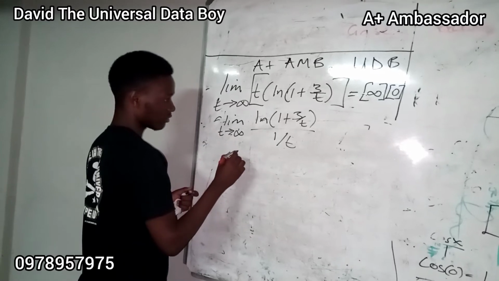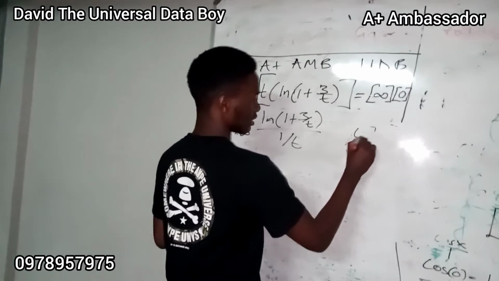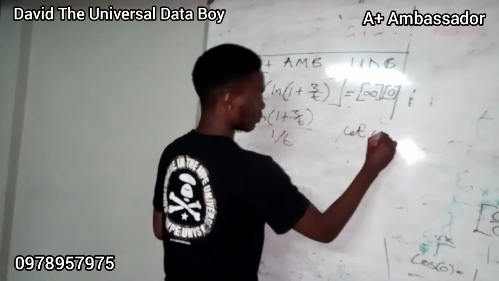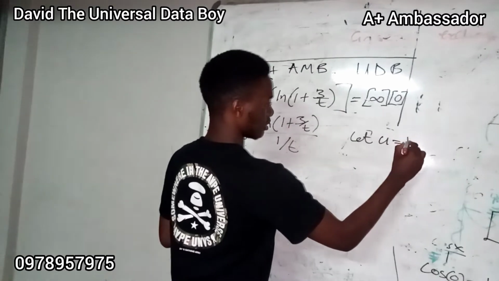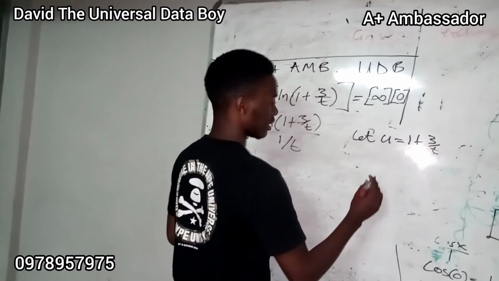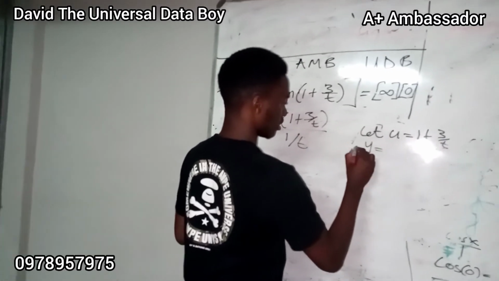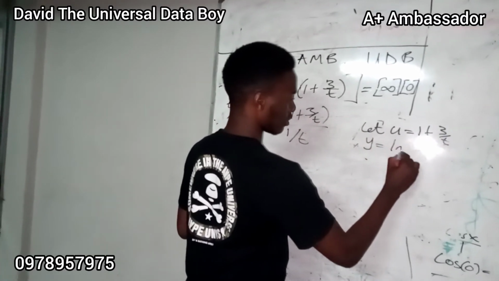So let's start with the derivative of this one using the substitution, where we let u equal 1 plus 3 over t, and then we let y equal natural log of u.